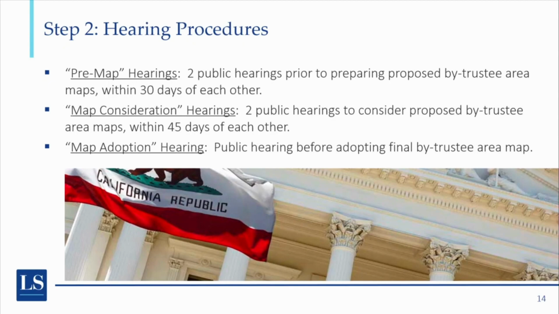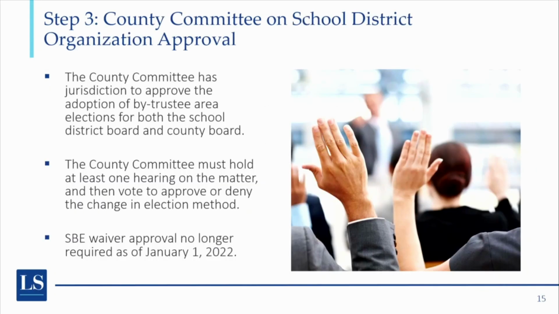And so they'll hold a hearing, and representatives of the district will present, and members of the public will be able to speak. And once that process is done, you will have successfully transitioned to by trustee area elections. Just like that. Next slide.